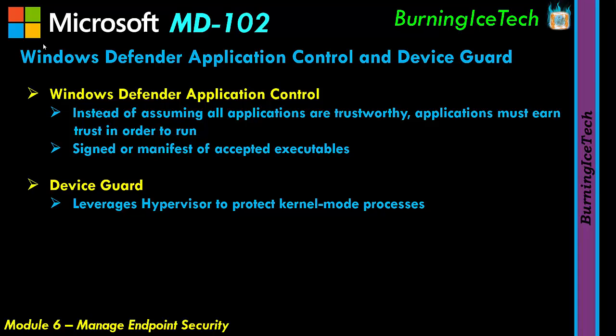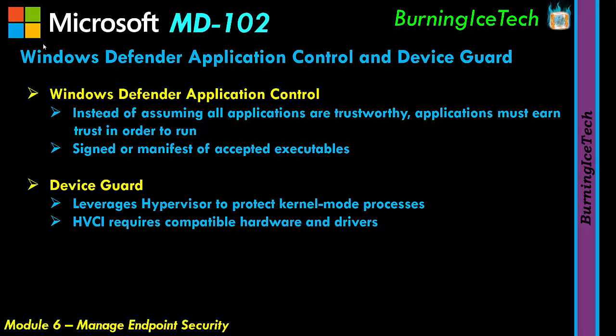Now, folks, while WDAC doesn't require specific hardware or software, enabling hypervisor protected code integrity does require compatible hardware and drivers. Oh, and for those that don't know, hypervisor protected code integrity, which I just mentioned, is referred to as HVCI for short. So that's what I've written down there.